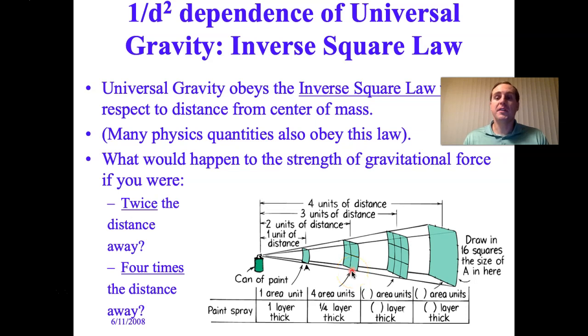Now, there are other physics quantities you can think of like this, especially things that spread out as point sources of waves. The 2 that really come to mind for me would be sound intensity and light intensity. Sound intensity also obeys the inverse square law. As you spread out sound, notice that if you're twice as far away from a sound source than you originally were, you should only hear 1/4 of the sound intensity.